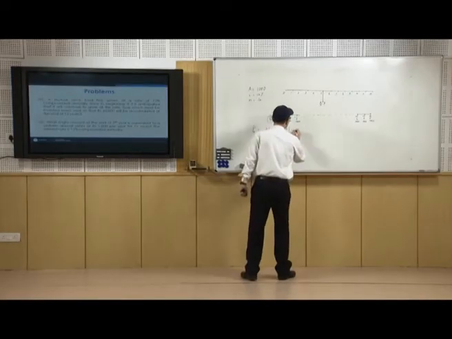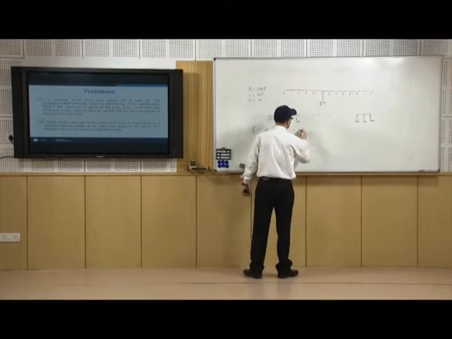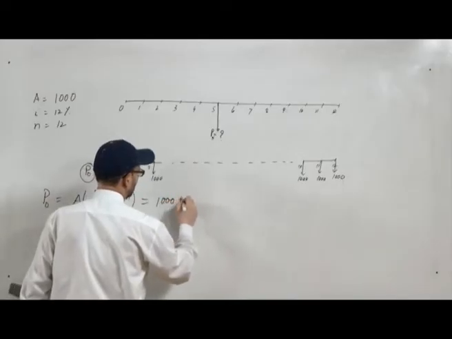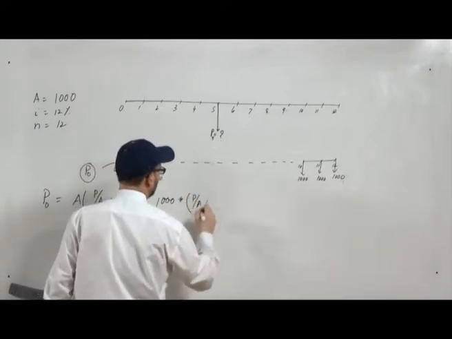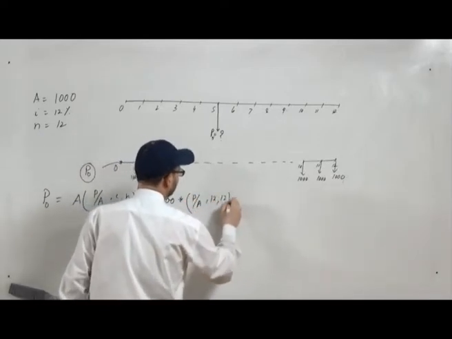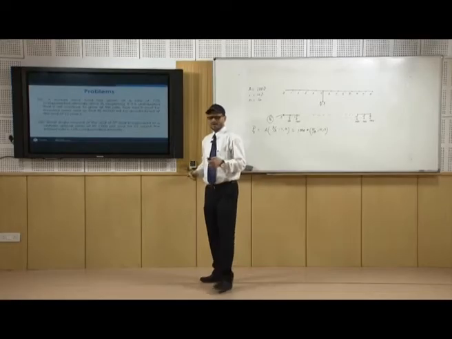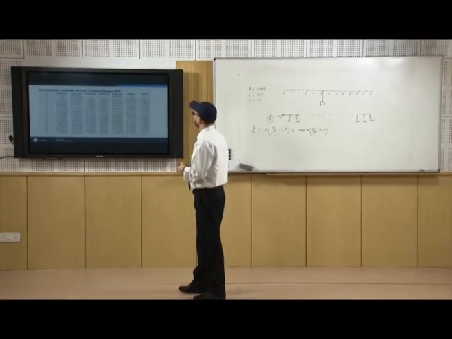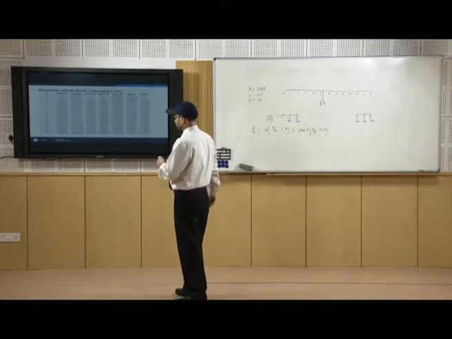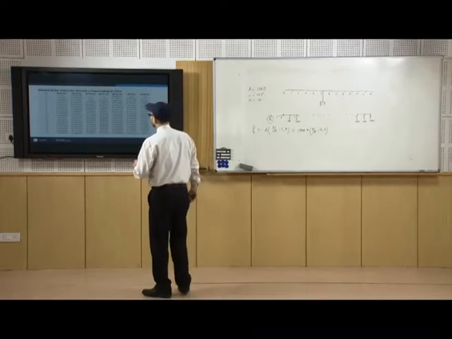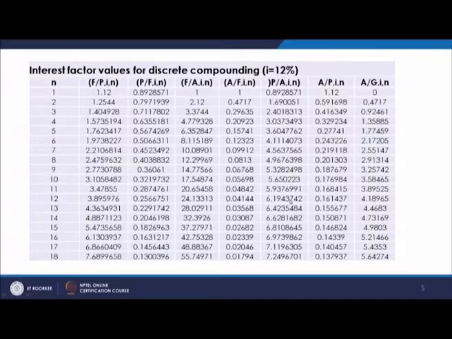So, P0 can be found as 1000 times the factor P by A 12 12. Now, P by A 12 12 you can get from the interest factor table. P by A 12 12 is 6.194.